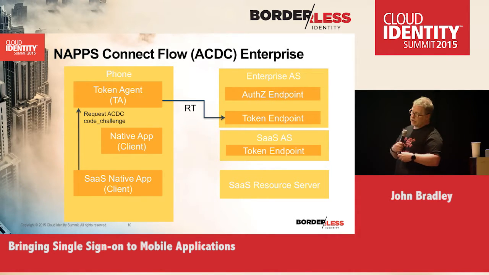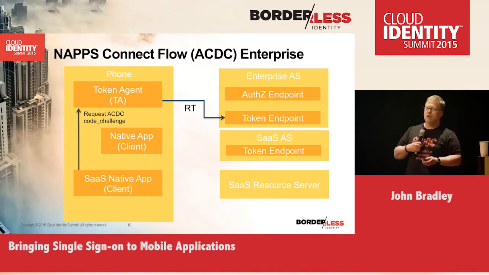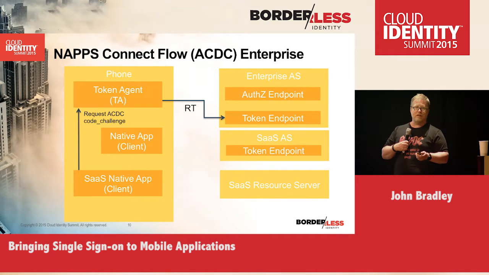It can then call back to, if it isn't part of an MDM or managed by an MDM, its SaaS service and figure out what the configuration is for that particular enterprise. It then, based on the enterprise that it's using, would know what token agent it needs to talk to, because there may be multiple token agents on the device.